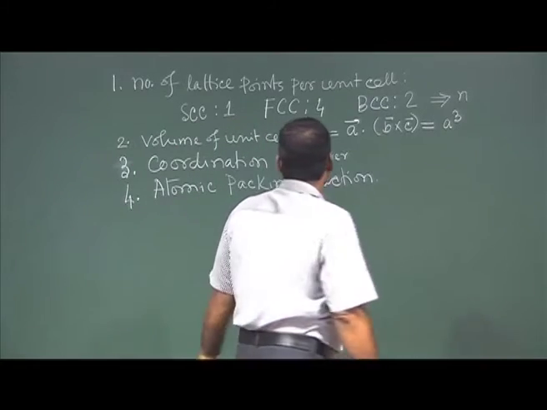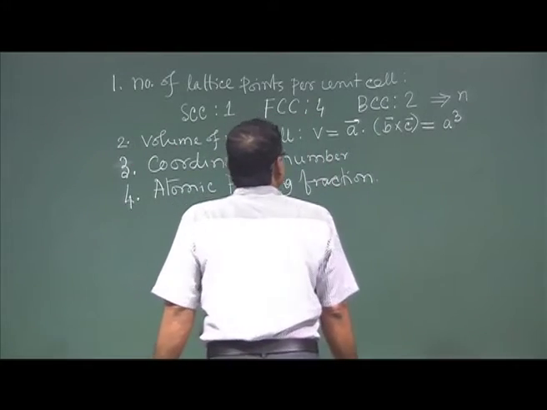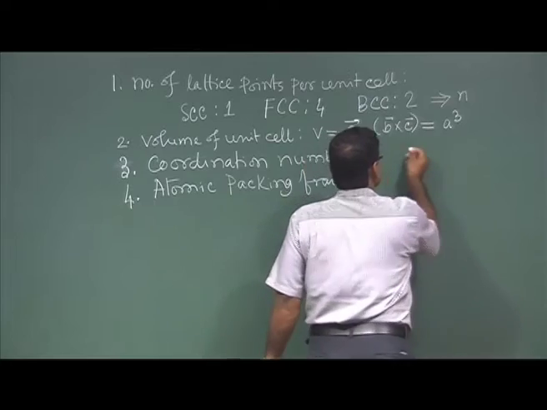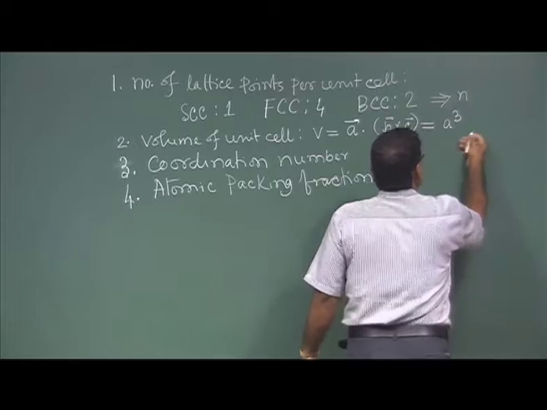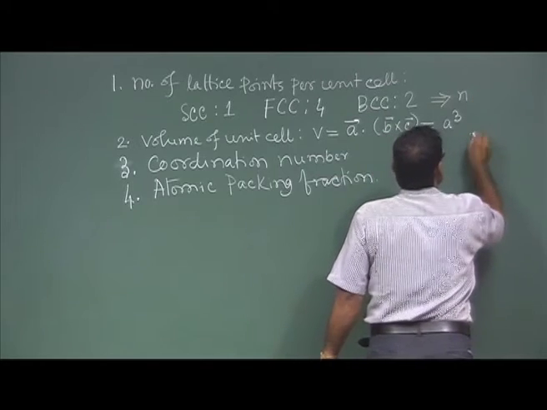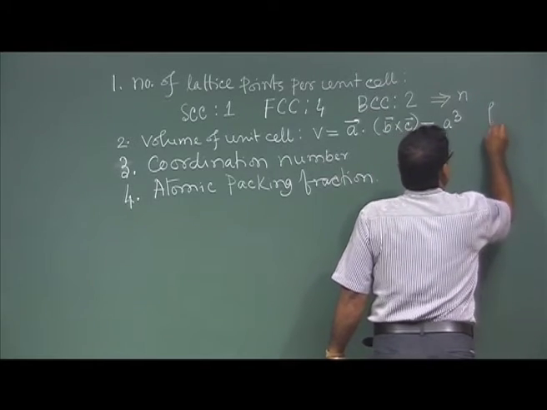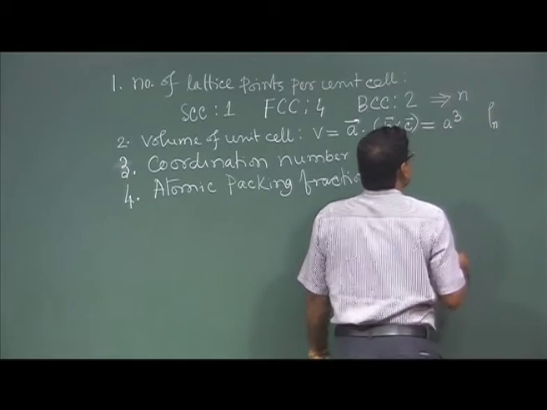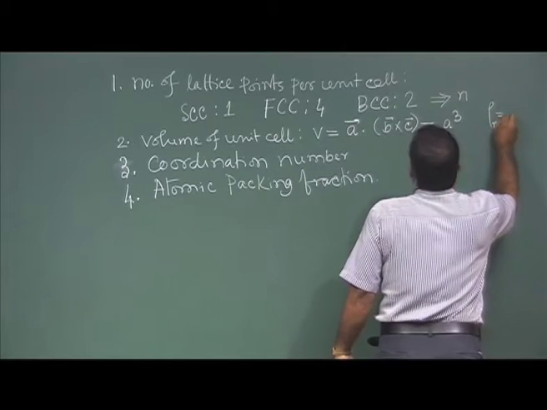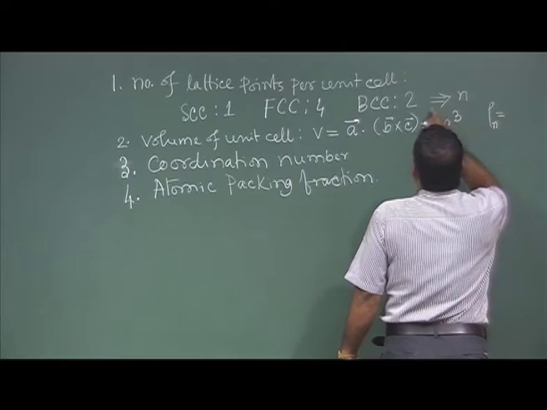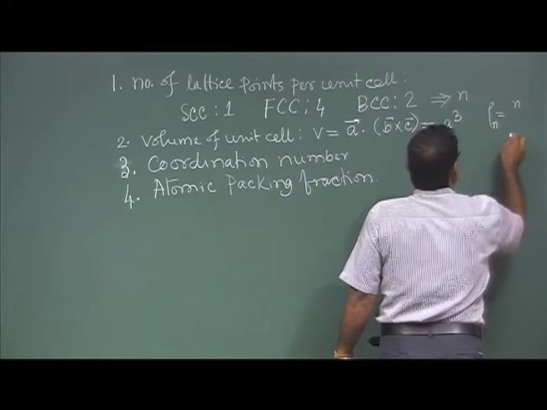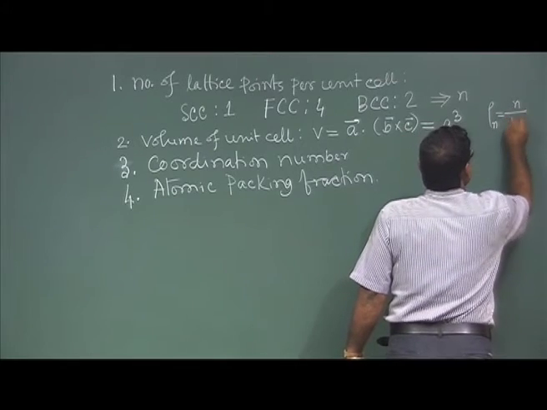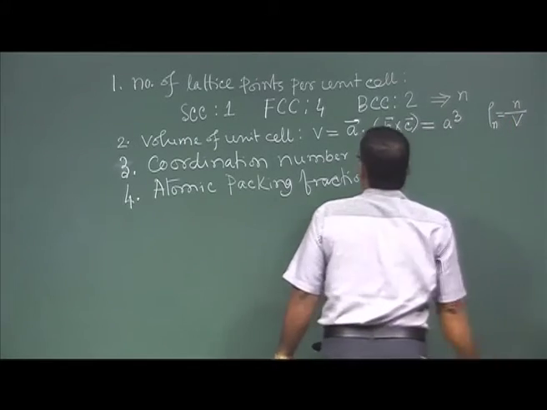See, yesterday also we have seen this number density. So that is nothing but number density. We have seen this, say rho n, that is basically number of lattice point per unit cell, divided by volume of that unit cell, right.